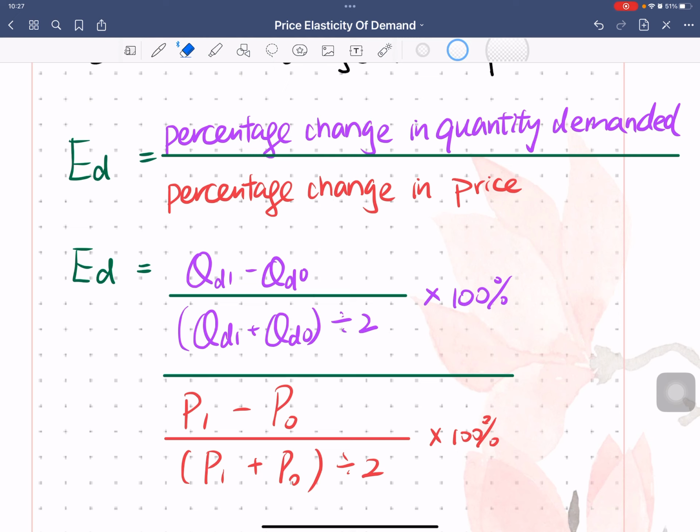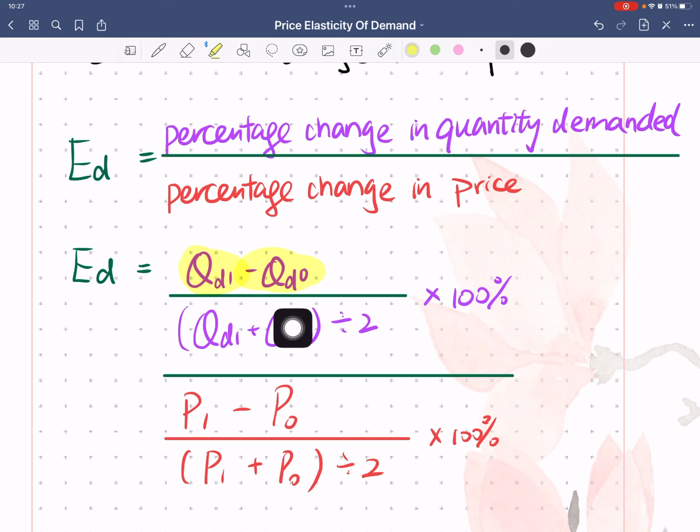For the percentage change in quantity demanded, the numerator is still the same: the new quantity demanded minus the original quantity demanded. But for the denominator, we no longer use the old number.